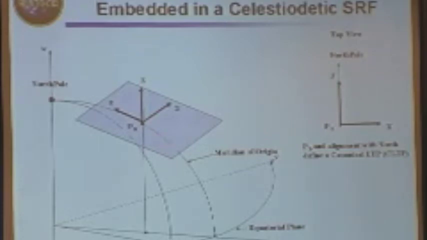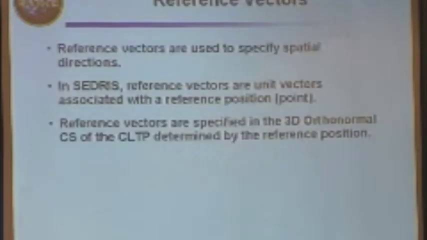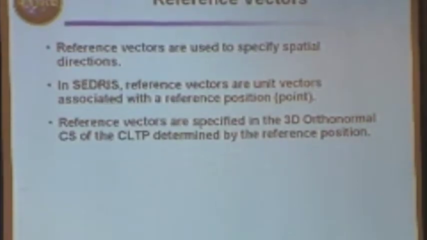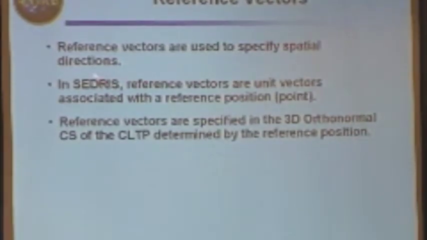In the SEDRIS data model, we have a class called reference vector, and a reference vector has to have associated with it a location component, and that location component is used to build the canonical LTP. They're used to specify directions.